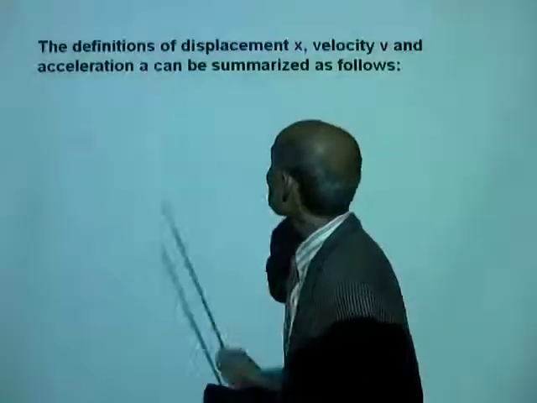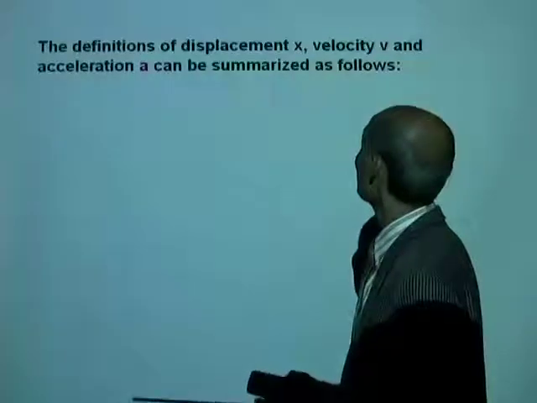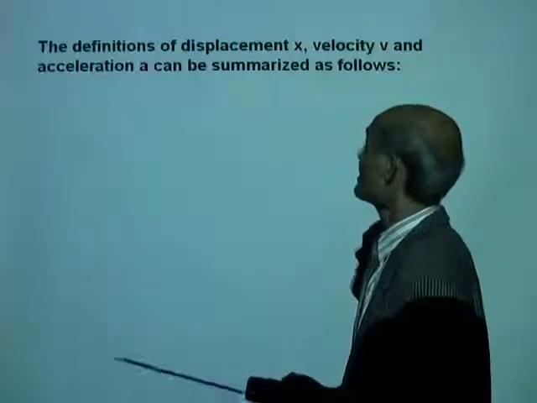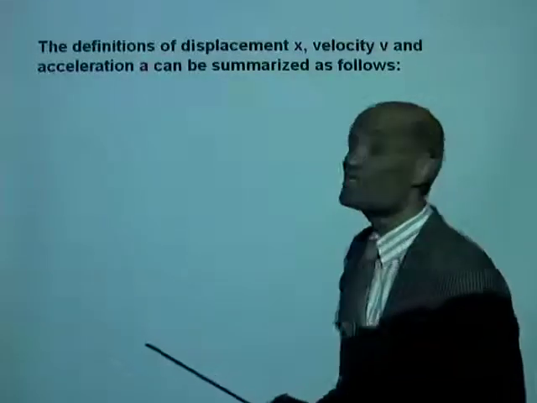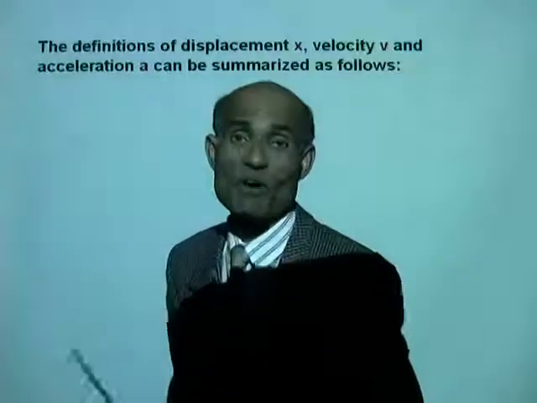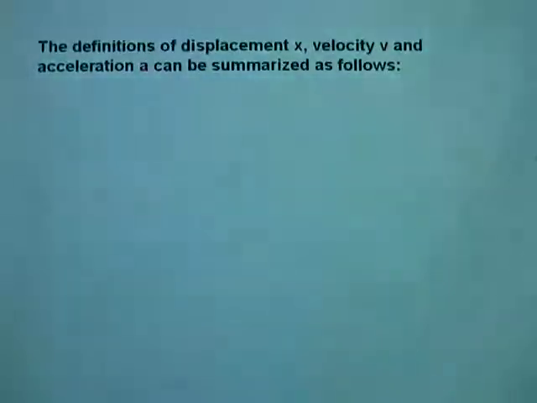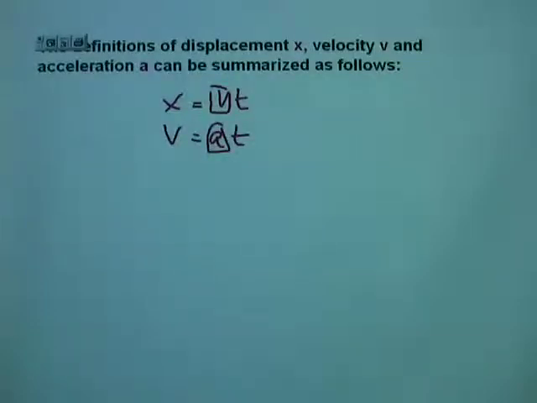Now, the definitions of displacement x, velocity v, and acceleration a can be summarized as follows. Well, in a simple language, we can summarize these like this. We have x equal to vt if the velocity is uniform, and v equal to at if the acceleration is uniform.